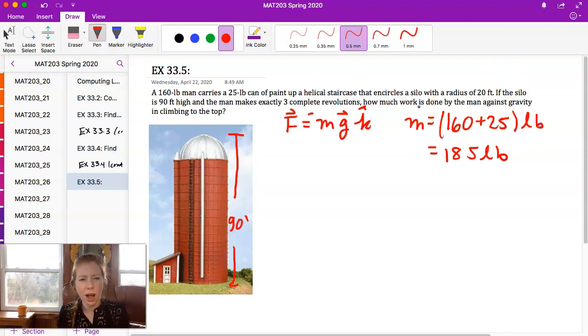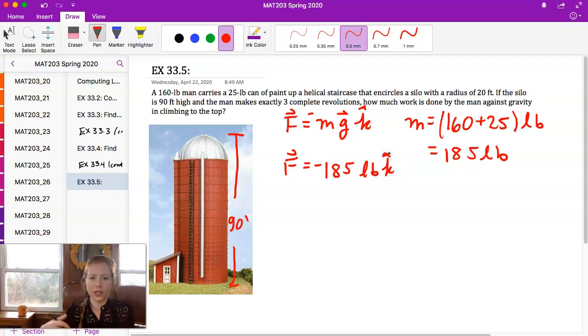The pound mass is this sort of mysterious thing where we typically think about it as the pound force on Earth, and so that already encompasses the acceleration due to gravity, which is, I think, 32.2 feet per second squared in English units. So in this case, our force is just going to be minus 185 pounds in the k hat direction, because that encompasses gravity. So that's our pound force that we're overcoming.